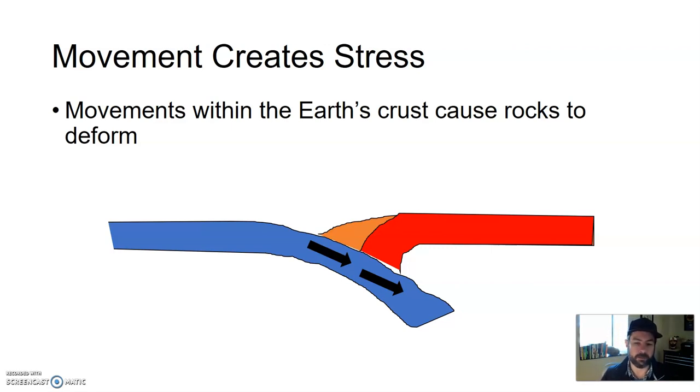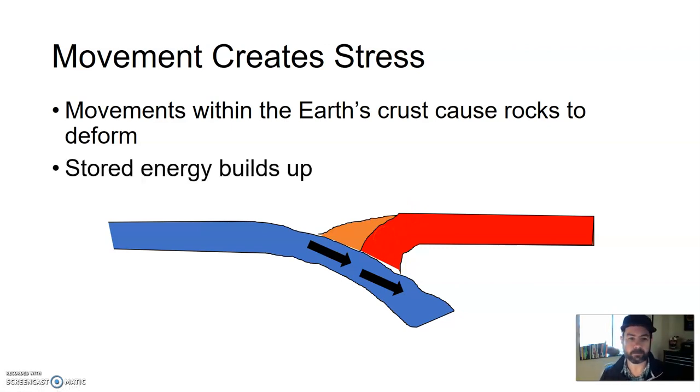So, for instance, this looks like a convergent boundary, what we talked about last unit. We have some plate converging and then subducting down. As that plate is coming down, it takes that overlying plate with it and bends it down with it.